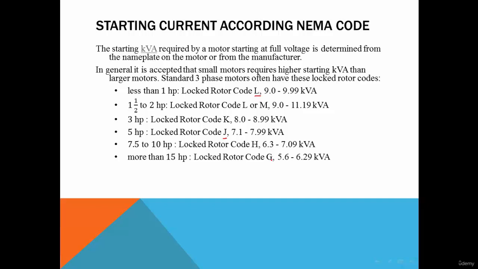You can see it: when we go for less horsepower, the kilovolt ampere ratio is increasing.